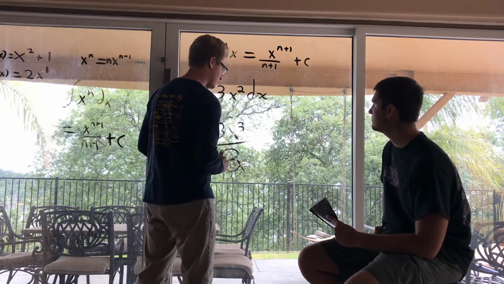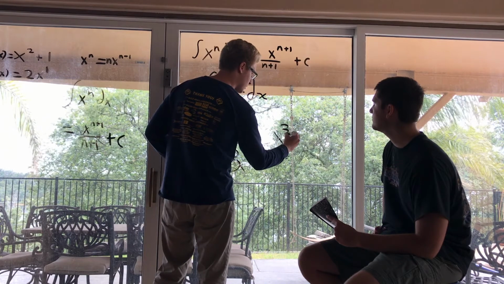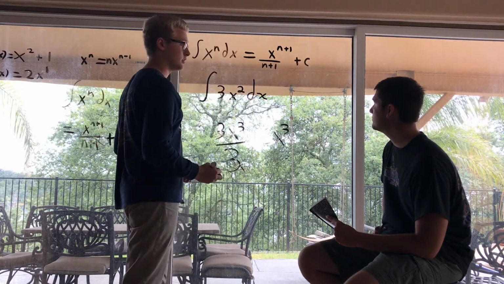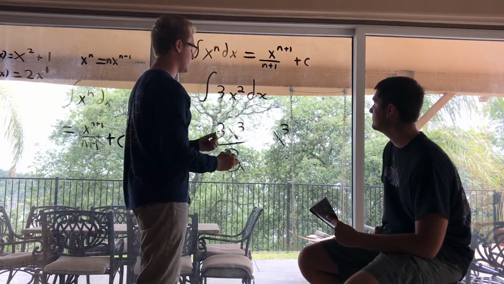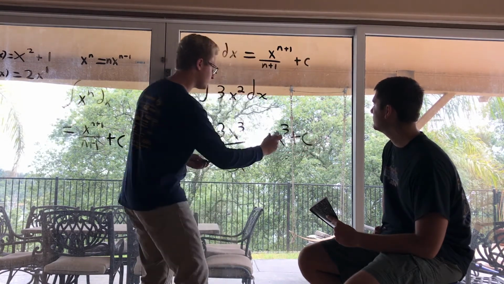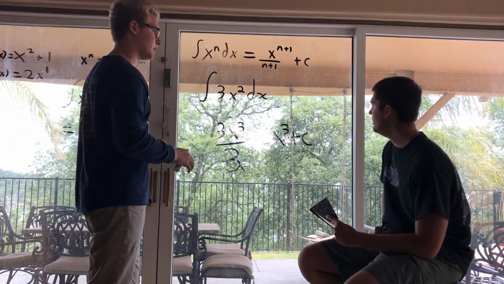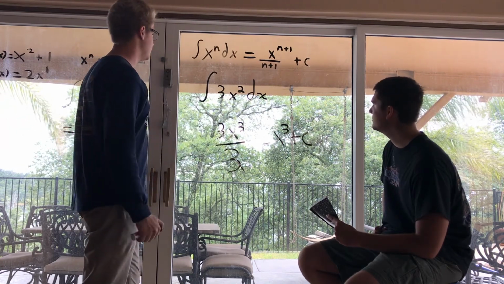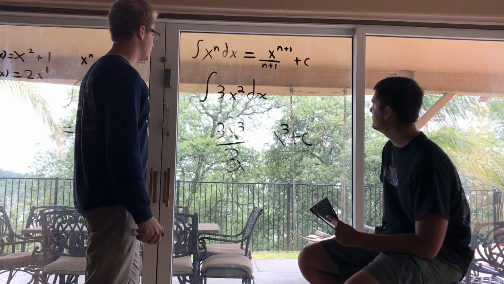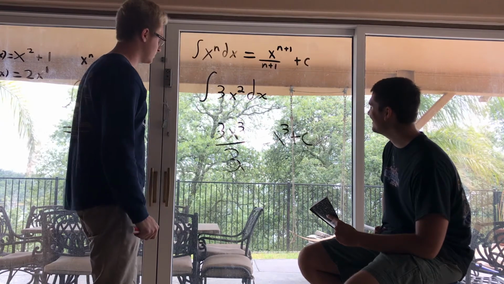So our answer is going to look like x to the third. And are we missing anything? Can't forget the c. Exactly. So does that seem to make sense? Yeah, that clears up a lot. It makes it a lot easier. Thank you. Awesome. You go ahead and give those practice problems a few tries, and I'll come back in a minute. All right, sounds good.